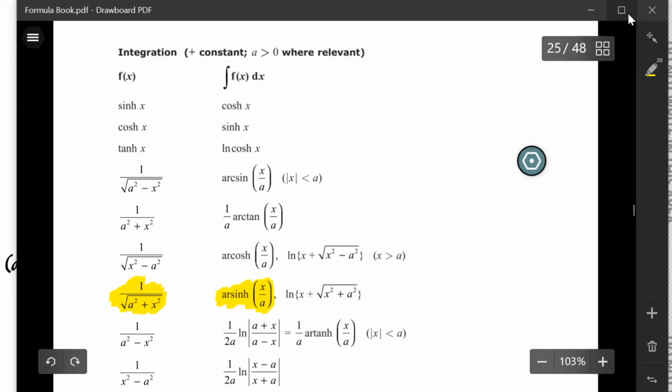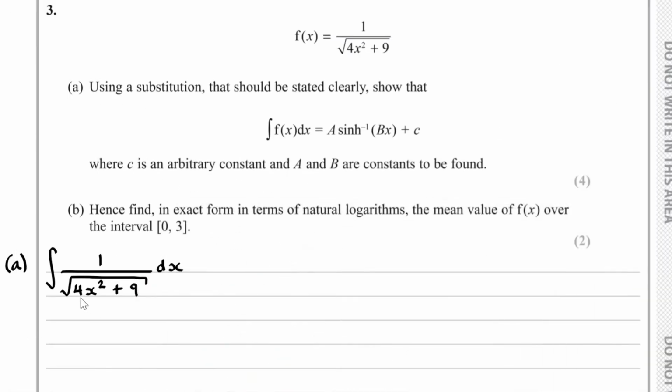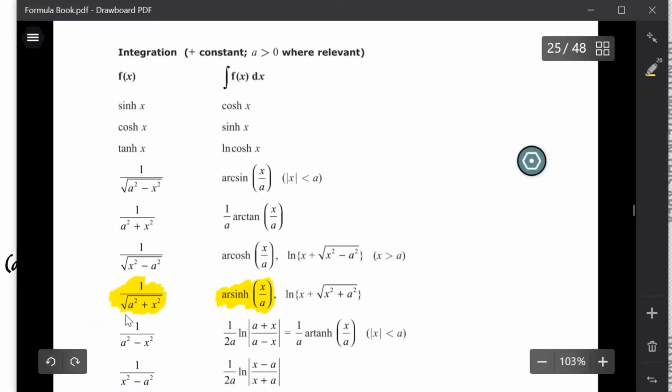Here we have an x squared, and in the question we have a 4x squared. If somehow we have an x squared here instead of a 4x squared, we can quite easily use this result.